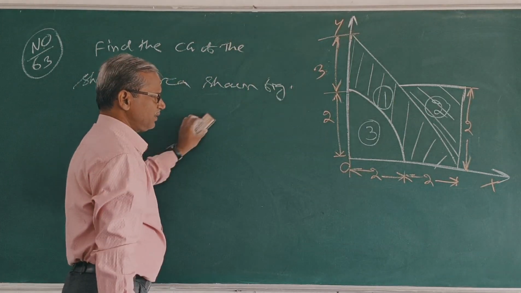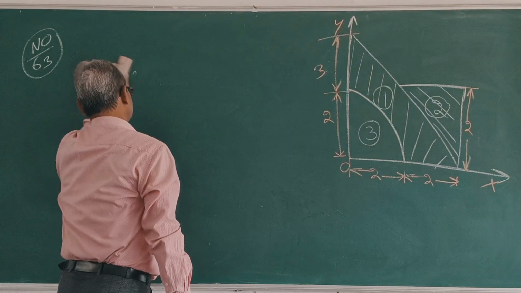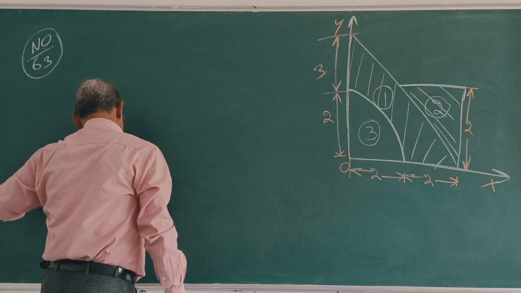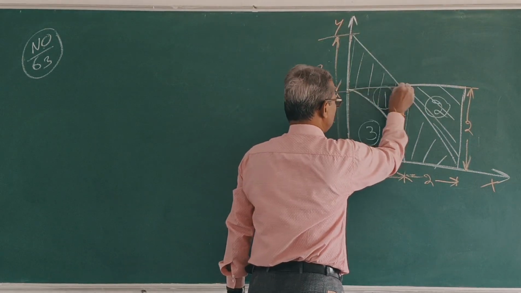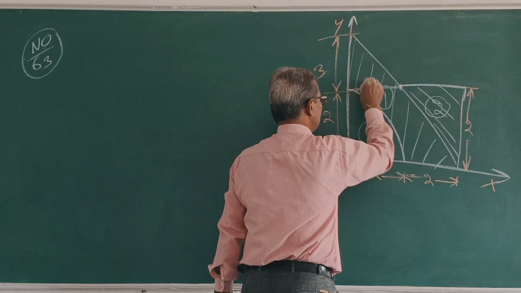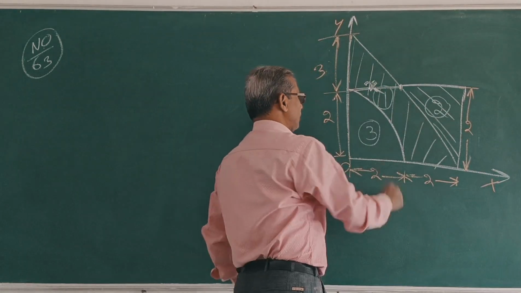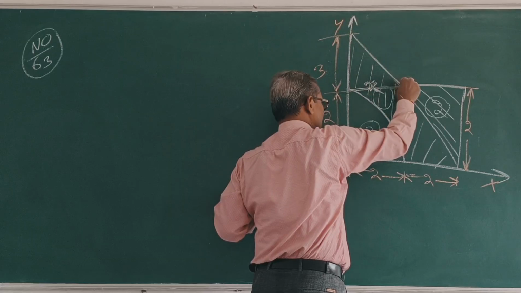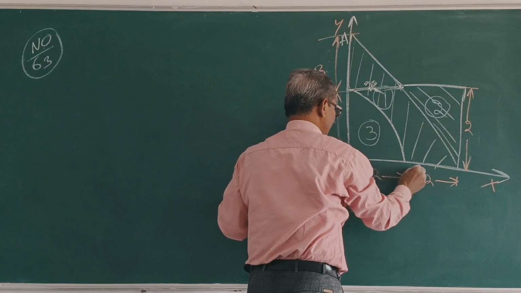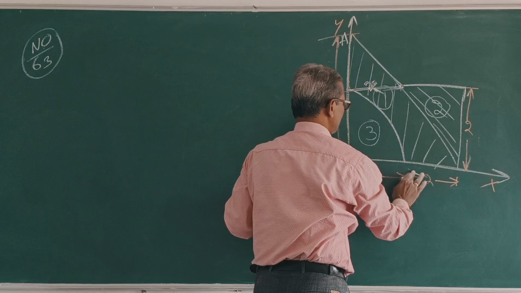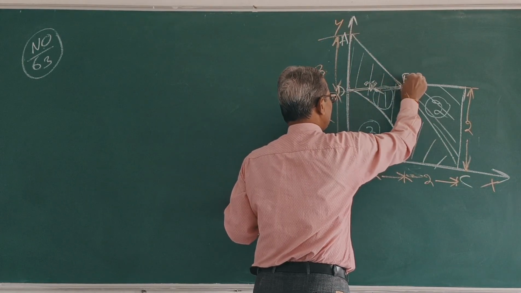Clear? This is a question. Now, first find out this length. Suppose this length x. Length x. So compare the two triangles. Triangle A, B, C, not C. This is C, D, E. Clear?